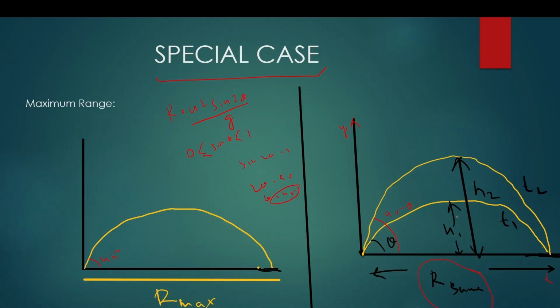So the heights will be h1 and h2 and times t1 and t2 for both projectiles. So we will say that h1 into h2 is directly proportional to the range square, and t1 into t2 is directly proportional to the range. So these are some of the special cases of projectile motion.